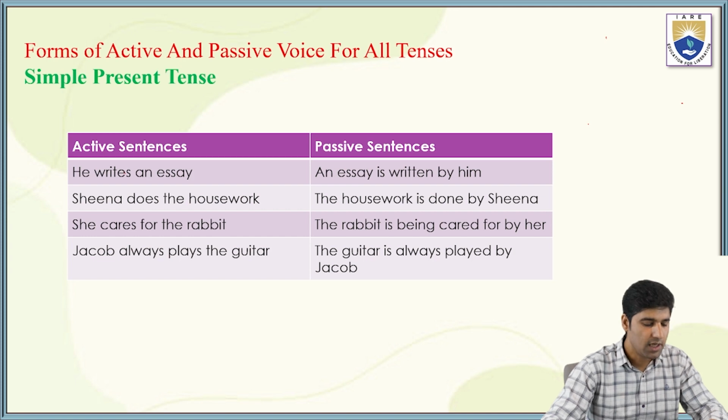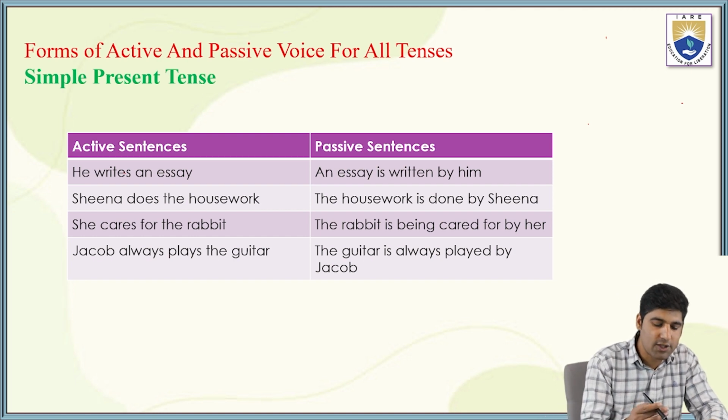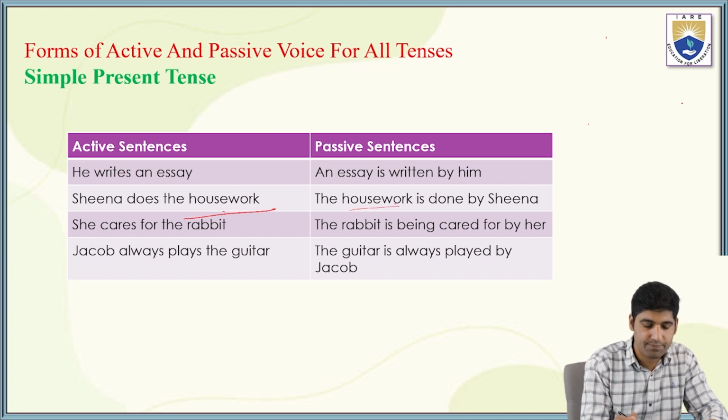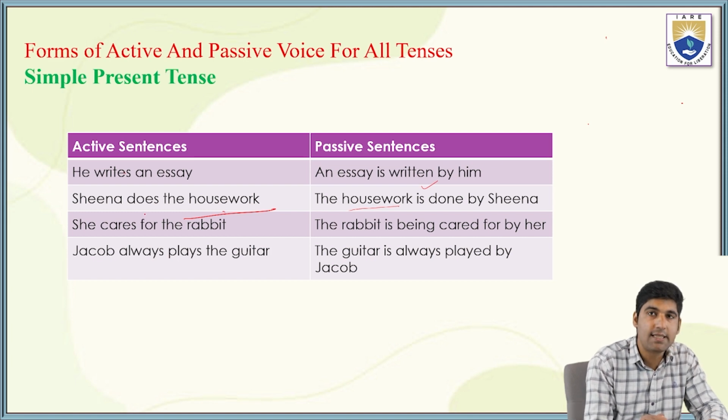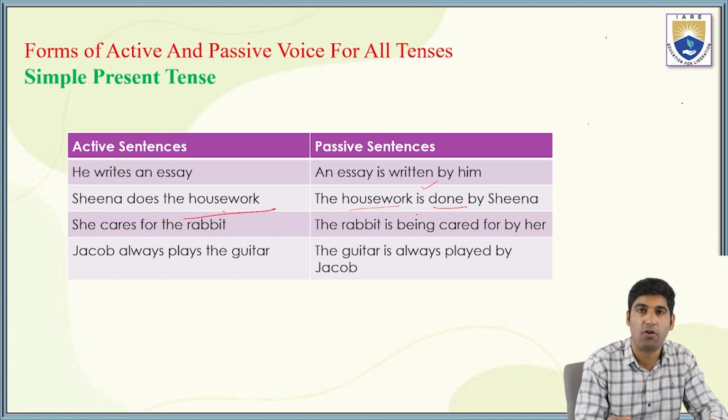Now another is Sheena does the housework. Again we have present indefinite tense. The housework is the object. It will become the subject, the housework. The tense is present, so is is the helping verb of present. The verb is does, it will become done, third form. Preposition by is there.